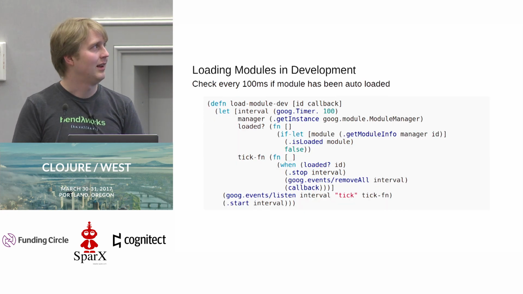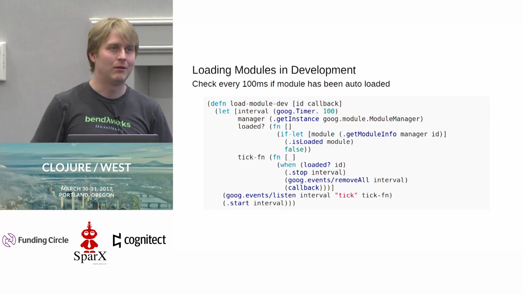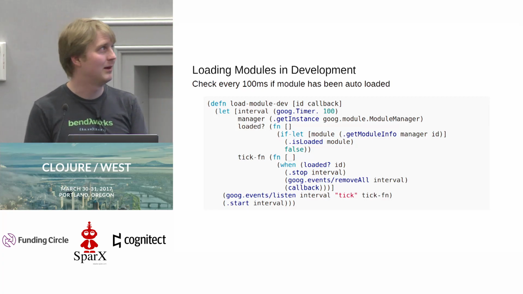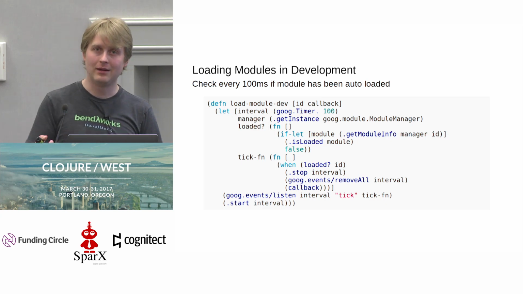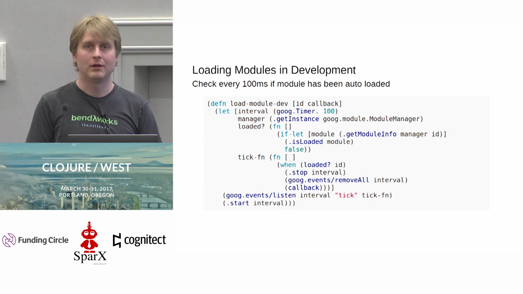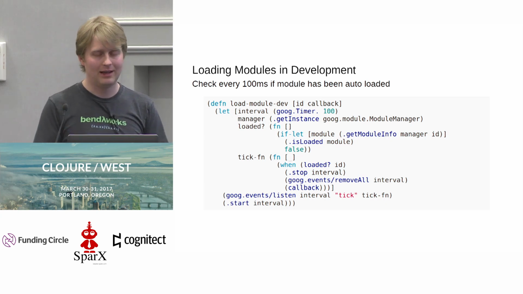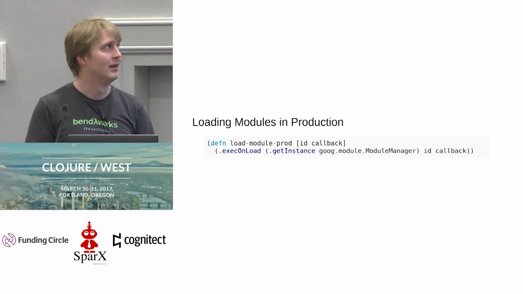You can ignore all this fun stuff; that's just a working code example of how to do this. This is how you load modules in development, where they're automatically loaded. Every 100 milliseconds, we'll go and do another query of, is the module loaded? And then fire off the callback if the module has been loaded.